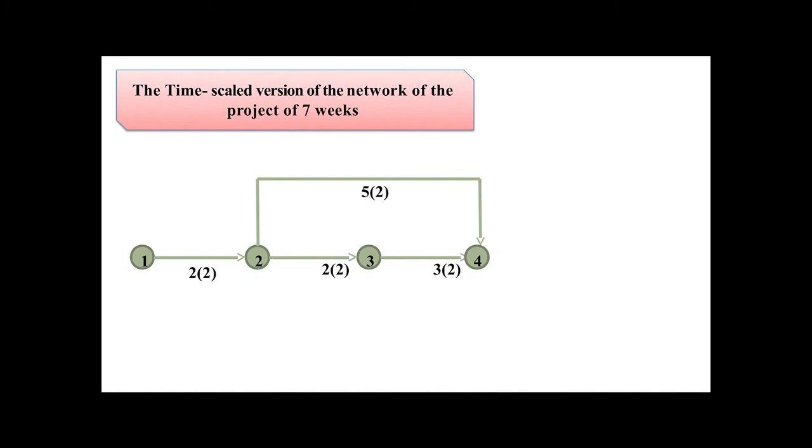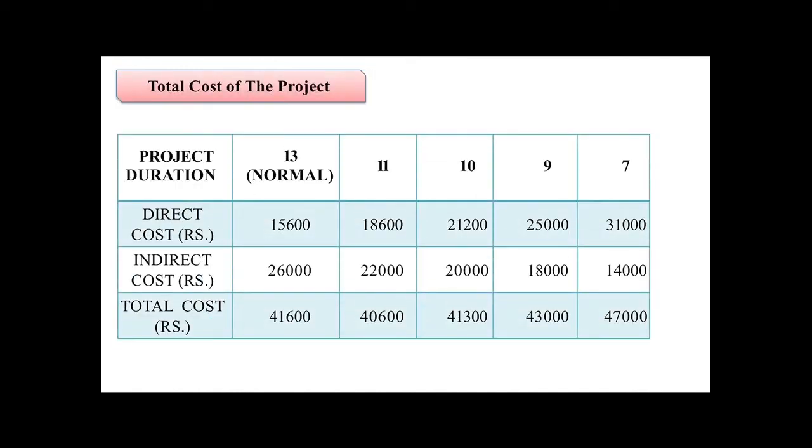Now we cannot crash any other activities because this will affect the project duration directly. So you can see the total cost of the project now. I have tabulated each stage of crashing, which makes it easier to find out.